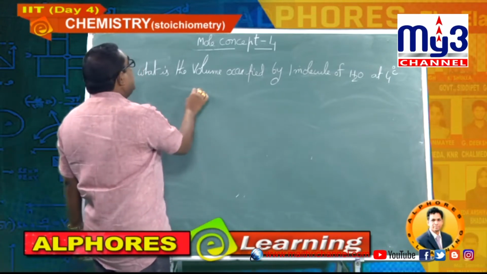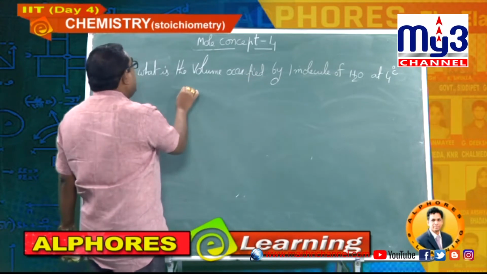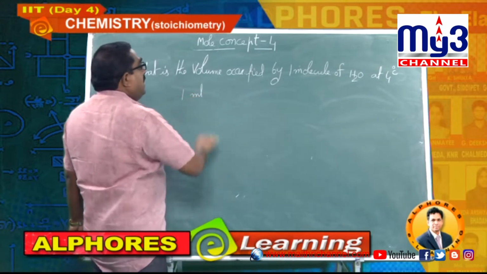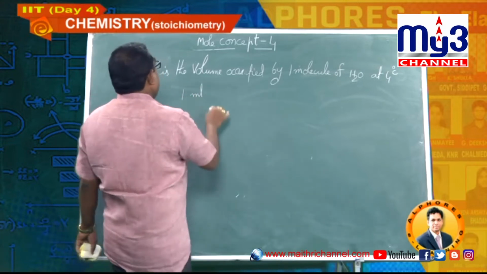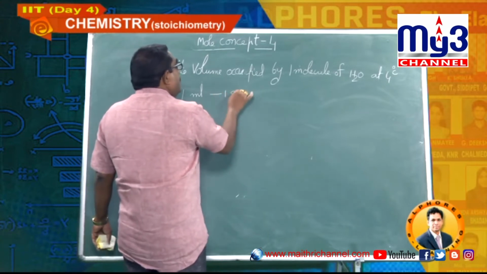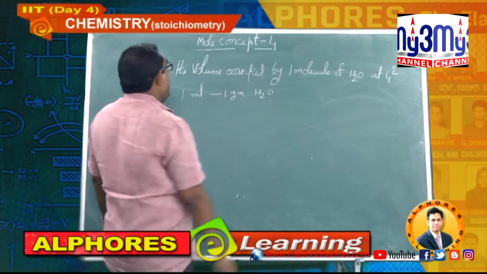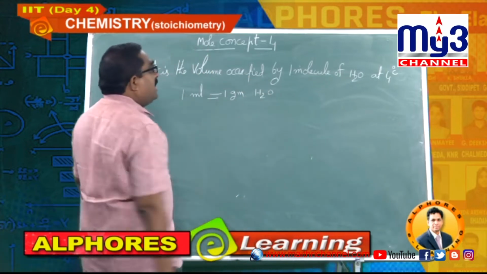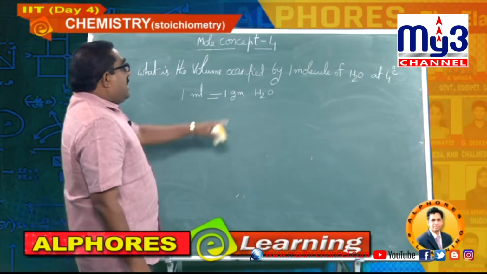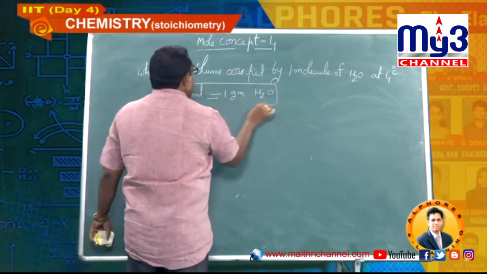I am writing. Density of water at this temperature is 1 gram per ml. So 1 ml of water is exactly equal to 1 gram of water. This we know from the definition part.